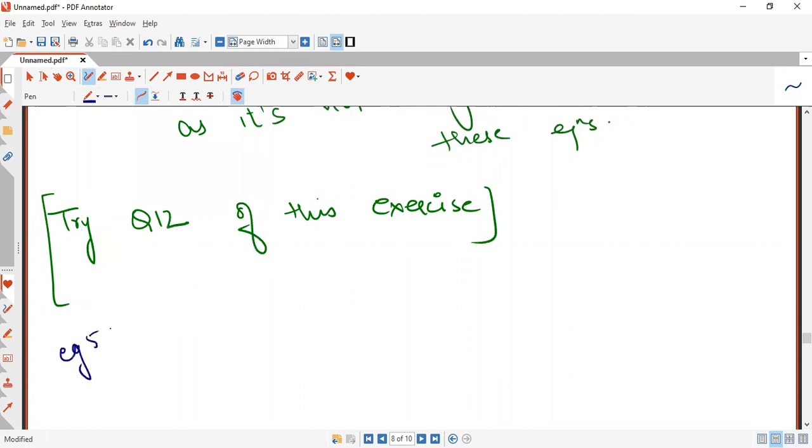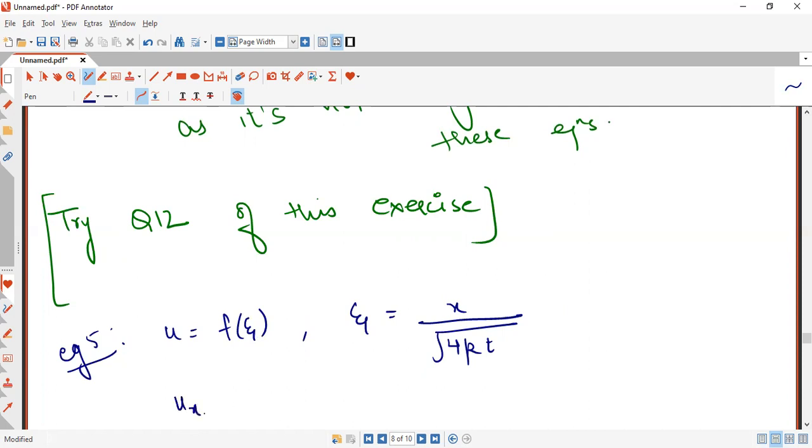Alright. Example number 5. What it says is u is a function of xi and xi is a function of x and t, x by root 4 k t. K is a constant. Right? To solve the parabolic system ut equals k uxx, where x belongs to minus infinity to infinity and t is positive.